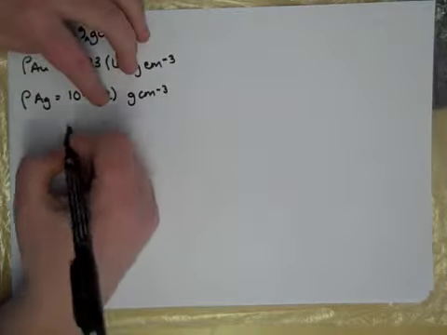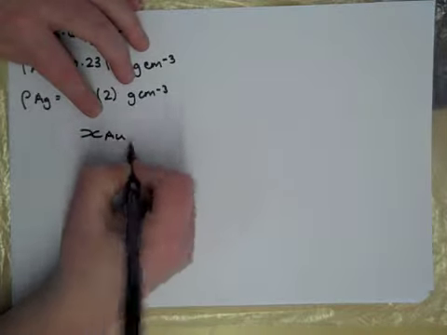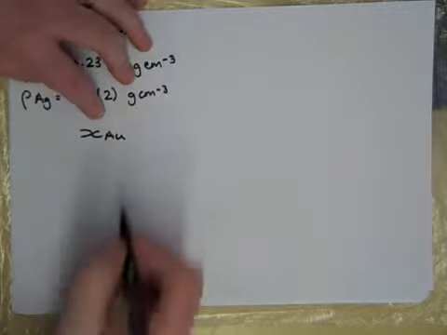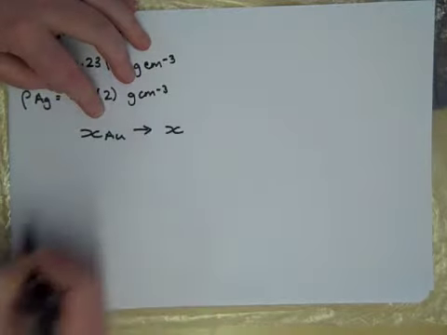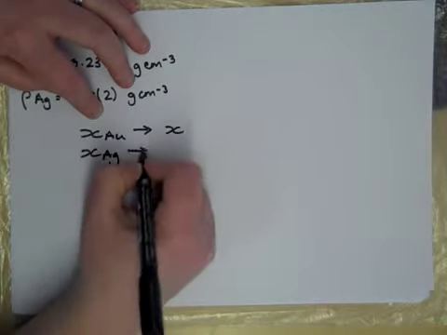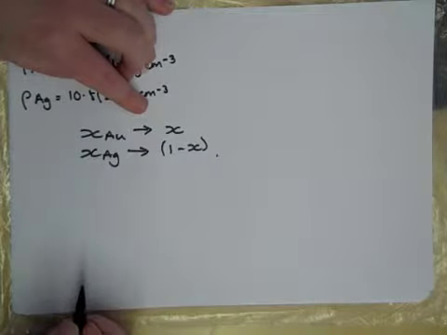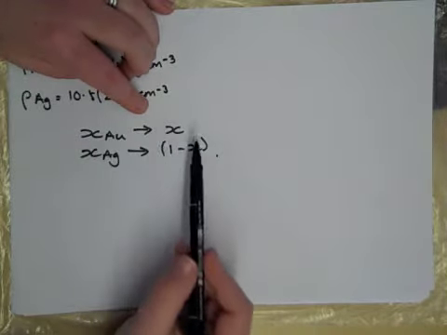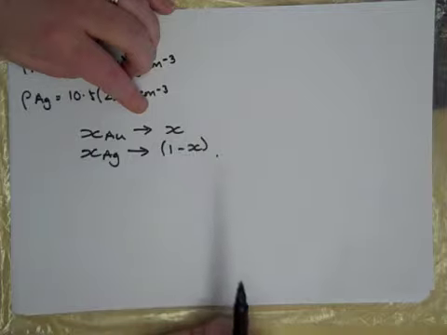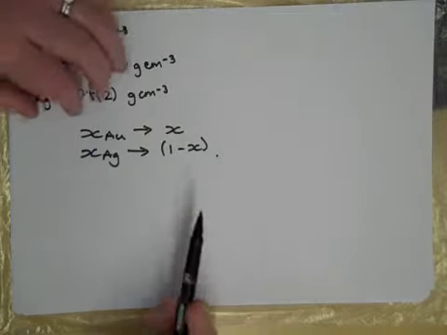So I'm going to say that the proportion of gold, AU, I'm just going to call that X. And I'm going to call the proportion of silver 1 minus X. All this is doing is telling me that overall these two components make up all of my whole. That's the assumption I'm making. I'm assuming in this case that the goldsmith hasn't been mixing it with something else.